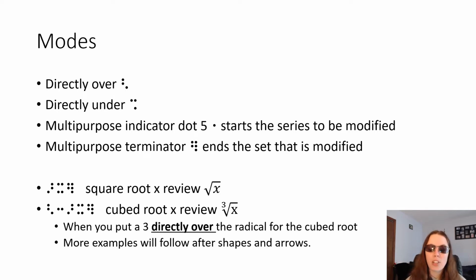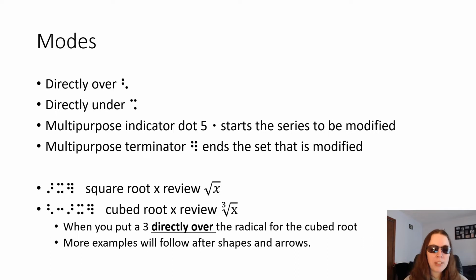And the multi-purpose terminator 1, 2, 4, 5, 6 will end a set that's modified. For some function names, you'll have a modifier above or below them that will need to use that 5-step modification system that you learned before, where you start with a dot 5, then write the thing to be modified, then say whether you're going above or below with the modification, put all of the things you're modifying it with, and terminate it to finish that set and move forward in the equation.